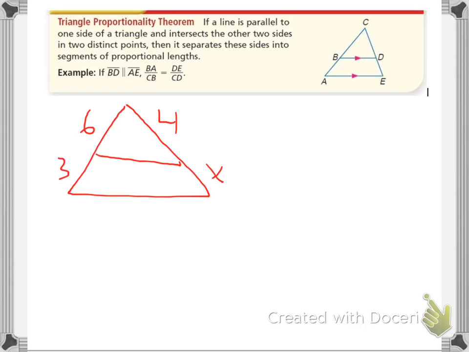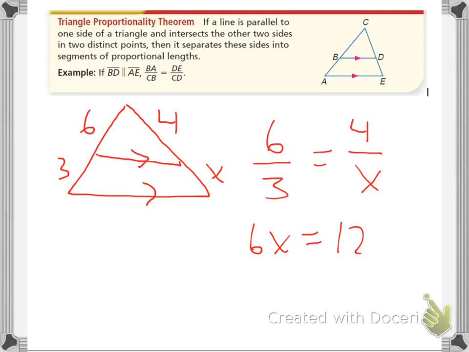And we would have that one side is parallel to another side of the triangle. So, according to our new theorem, 6 over 3 equals 4 over x. That would give us 6x equals 12, and the same answer as we got last time, but a lot quicker: x equals 2.